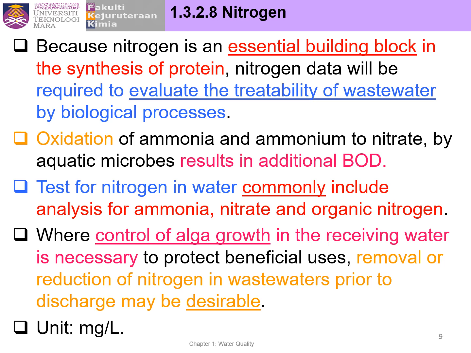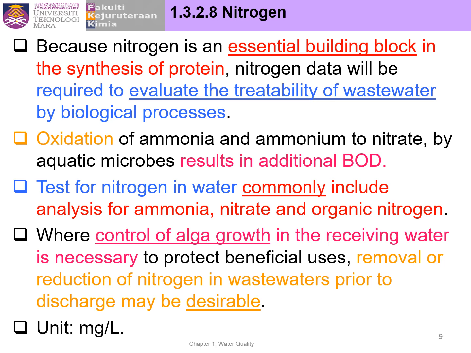Usually we use nitrogen data to evaluate the treatability of wastewater. It means that we want to check whether the treated wastewater is okay or not, whether it is suitable or not.